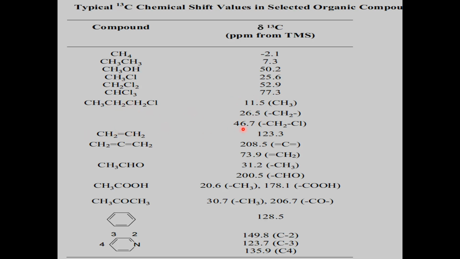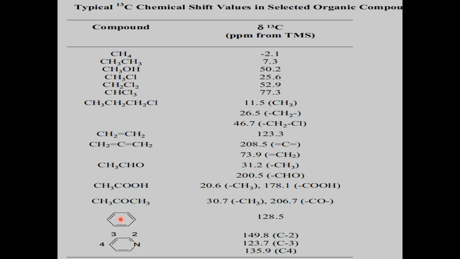Olefinic carbons resonate at 123 ppm as a result of the anisotropy effect, and so on. Here, for example, we observe that the aldehyde carbon is de-shielded to 200 ppm. Also, the acid carbon and the carbonyl carbon are de-shielded.